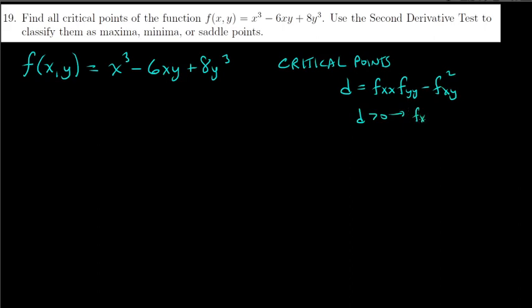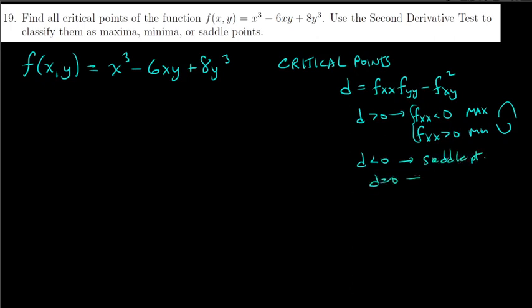We get a maximum if the second derivative is negative, because then it's concave down. If the second derivative is positive, we get a minimum. If D is negative, then we don't bother with a second derivative; we automatically get a saddle point. And finally, if D is 0, then we have no idea. So hopefully that won't happen here.